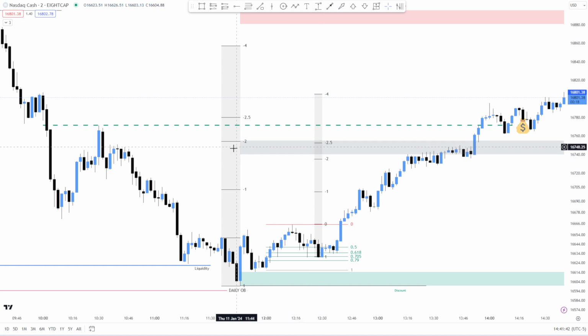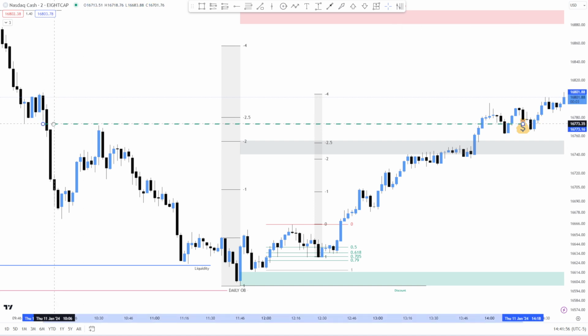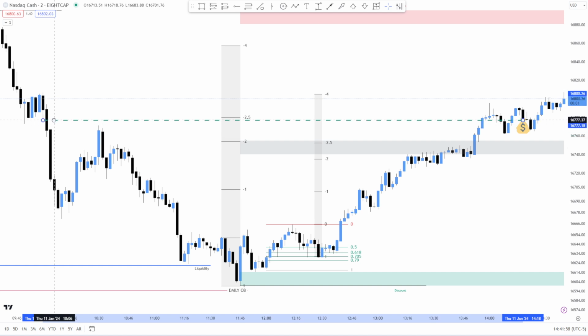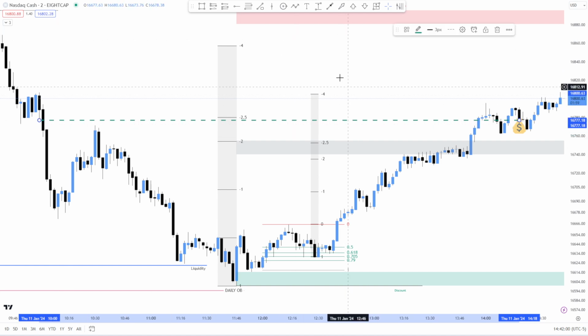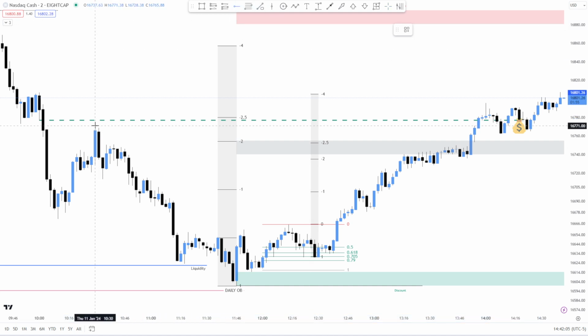Then I'm taking these two areas and seeing, do these line up with other areas of liquidity, other areas of imbalance? You've got an imbalance area here, which is what I was targeting, just this little gap right here. And then you've also got internal liquidity sitting right here that you could target as well.